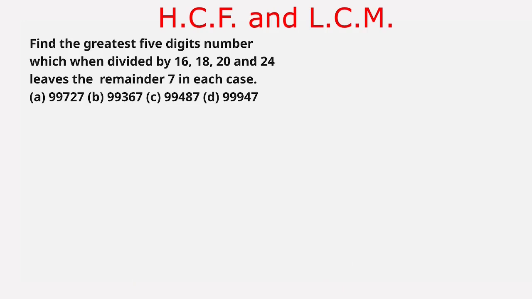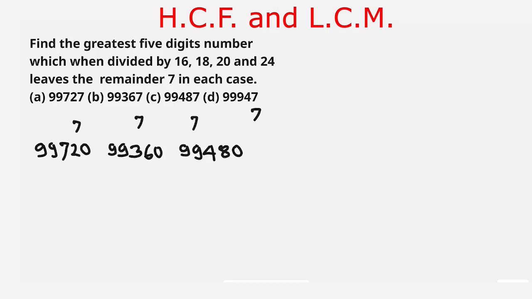We can directly solve this question from the given options. As the remainder is 7 in each case, we first subtract 7 from all the numbers. Option A becomes 99,720. Option B becomes 99,360. Option C becomes 99,480.